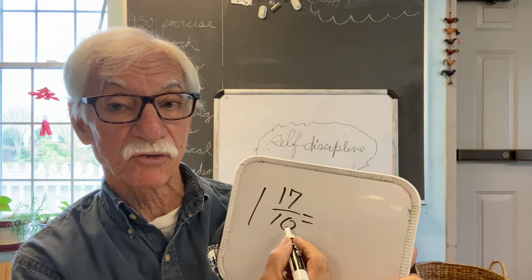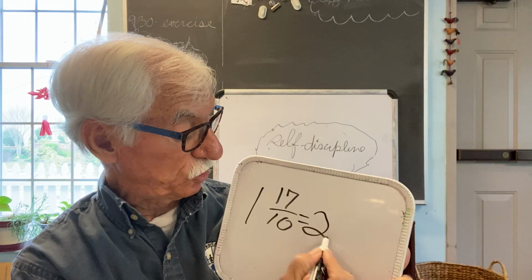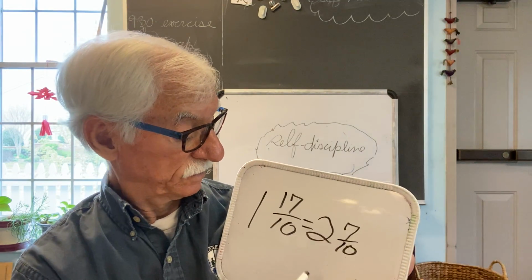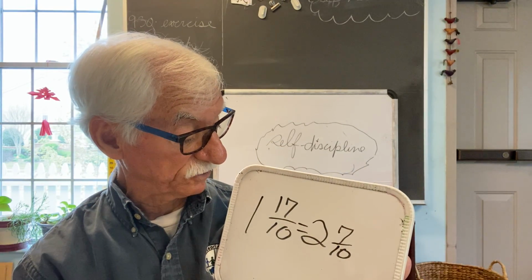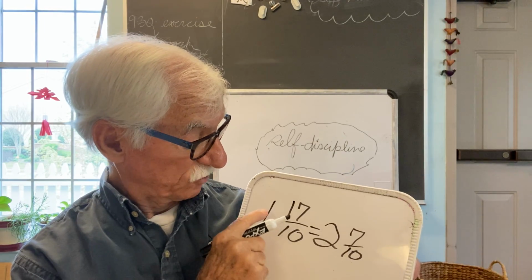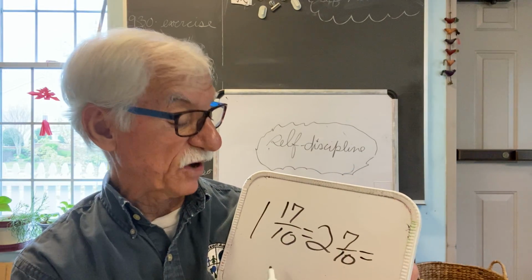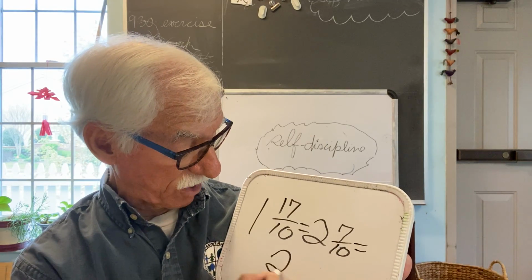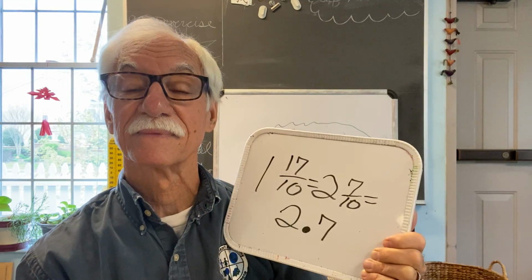So in 17/10, what do I have? I have 10/10, one whole. So that really equals 2, doesn't it? And 7/10. Because I take out the one whole, which is the 10/10, I have 7/10 left over. So if I write this as 1 and 17/10, I have to convert it. First of all, the improper fraction has to become a proper fraction. And now 2 and 7/10 is easy to write as a decimal, 2.7. That was a tricky one.